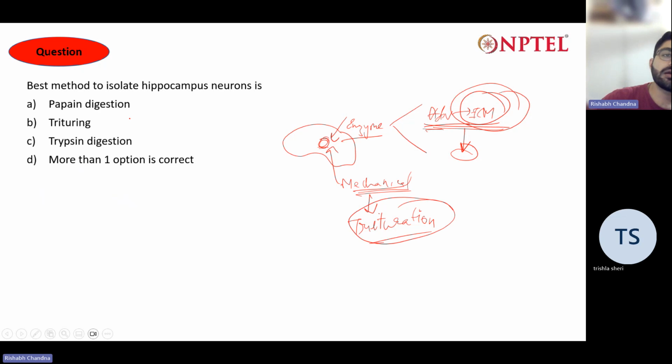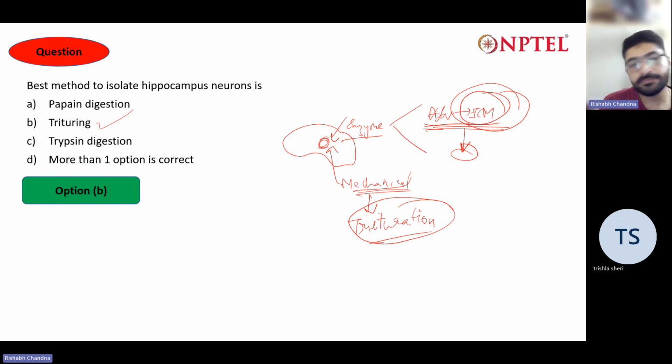In the current scenario, it will be context dependent or lab dependent, but the mechanical method has advantages over the enzymatic methods that we are using. So the correct answer would be triturating as compared to protease digestion.